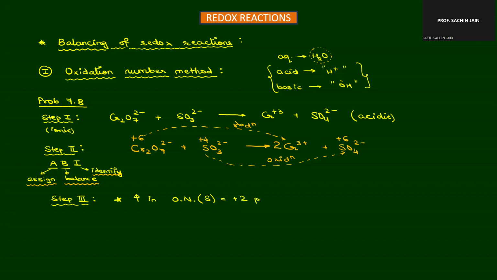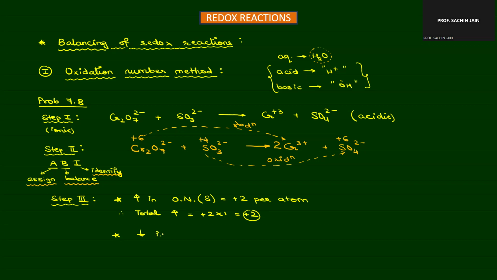The +2 is the increase per atom, and the number of atoms in the case of sulfur is 1 only. Therefore, the total increase will be the same, +2 times 1, that is +2. So this is the increase for the sulfur atom.